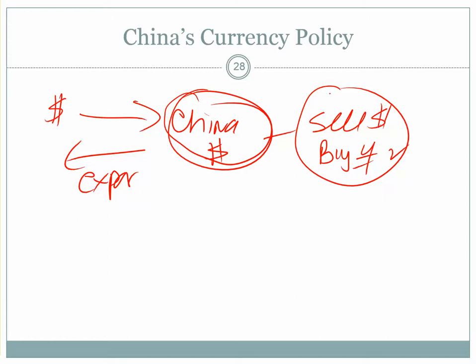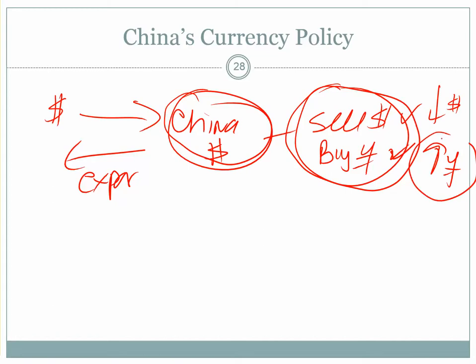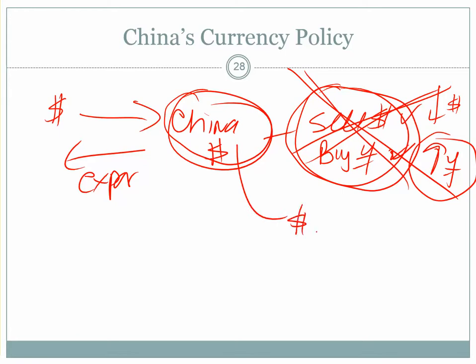However, if they allowed this free-floating mechanism to happen, the daily buying of yuan and selling of dollars would bid up the price of the yuan and reduce the price of the dollar, which would then make their goods less competitive. So what the Chinese government is doing is, when the Chinese gain dollars, the dollars go into the government banks.